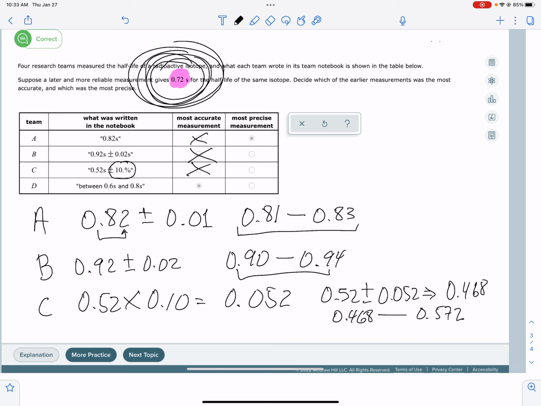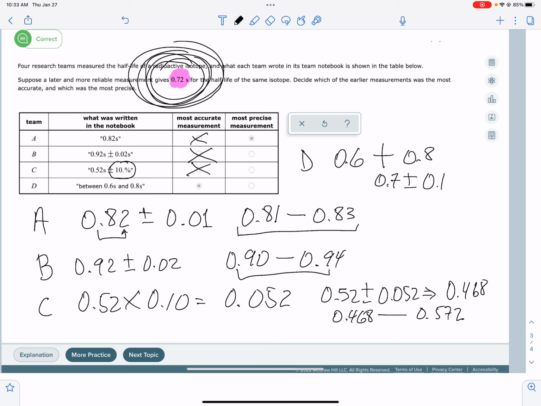What about then the last one? The last one is from 0.6 all the way to 0.8. So right in the middle is 0.7. So this is going to be plus or minus 0.1.